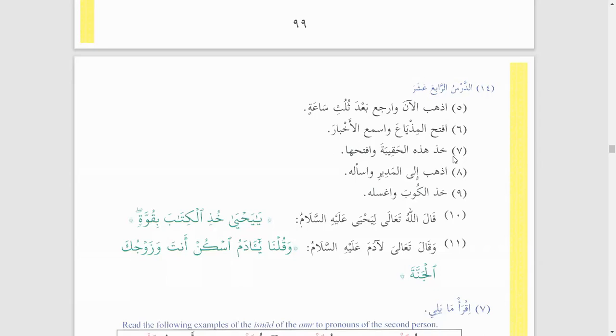Okay, number 7. خذ هذه الحقيبة وافتحها. Take this bag and open it. Excellent. Okay.